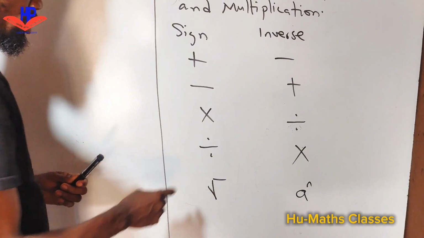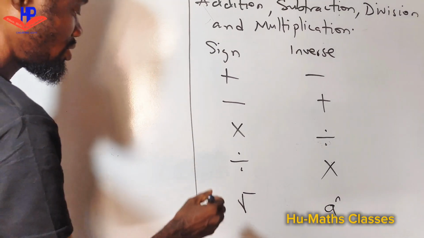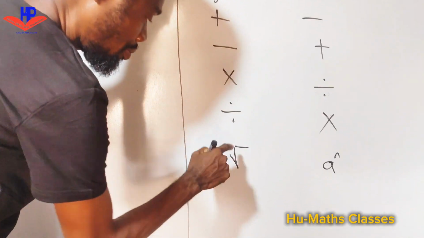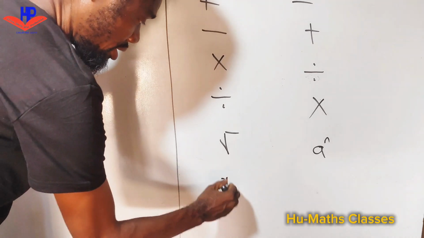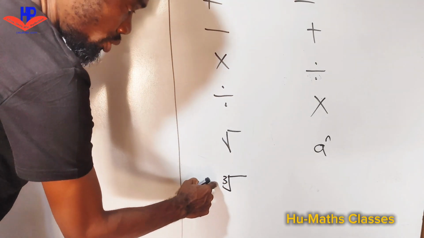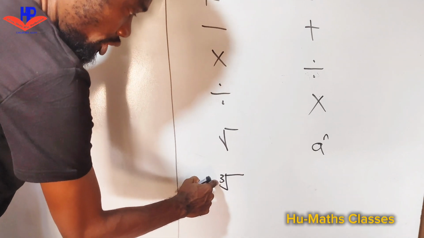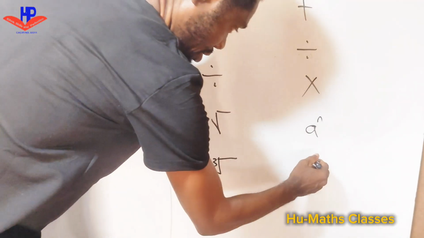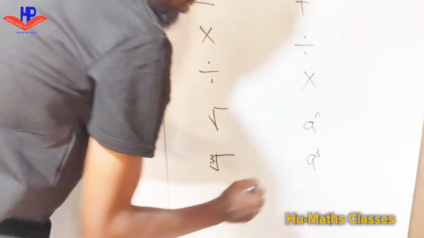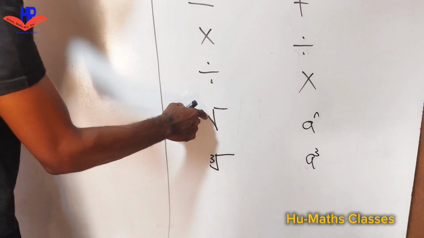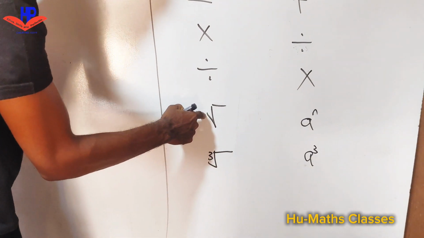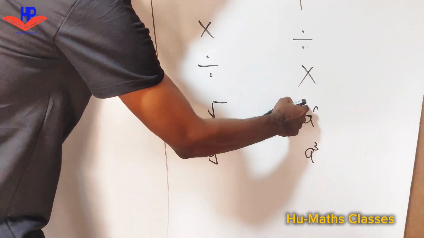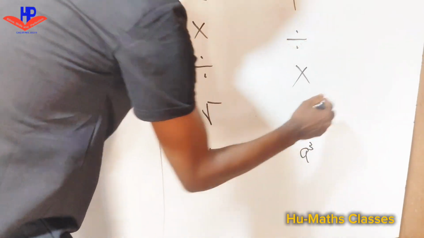So if you have a number in the curved part of the root, like 3, this is called cube root. And the inverse of cube root will be power 3. If this is called square root or root, I'm using n to mean 2.